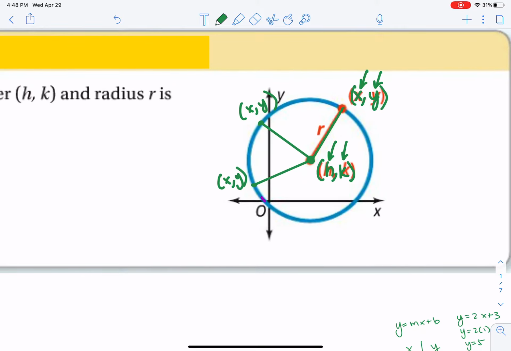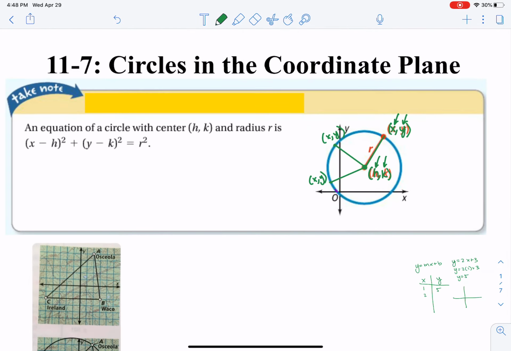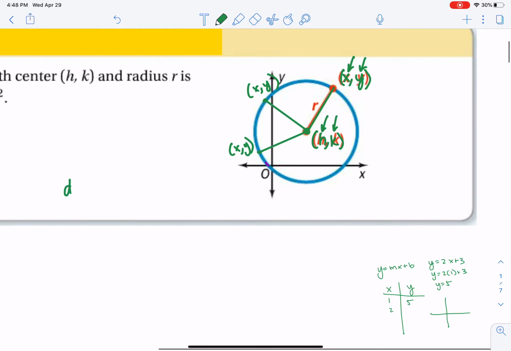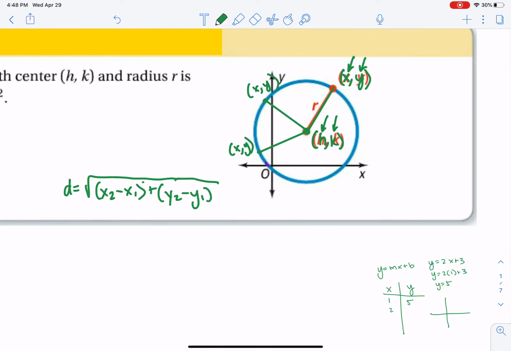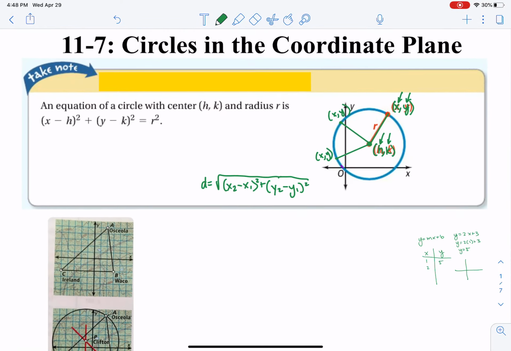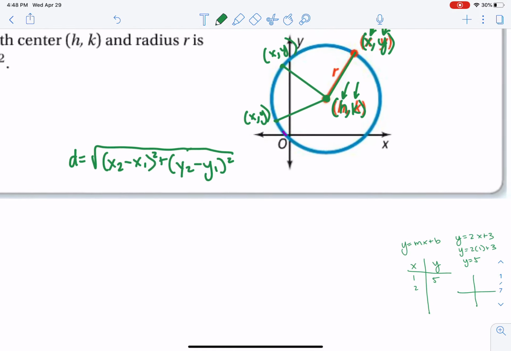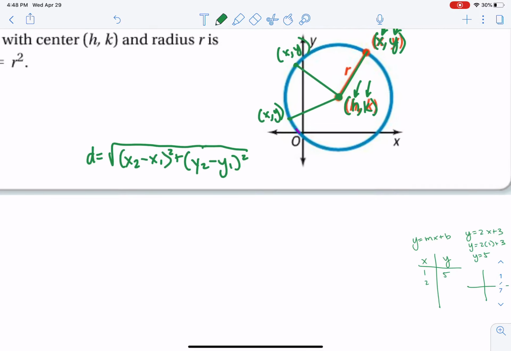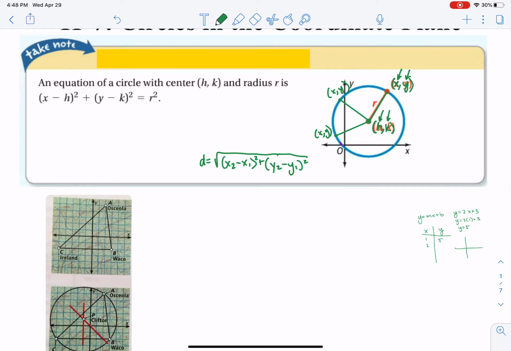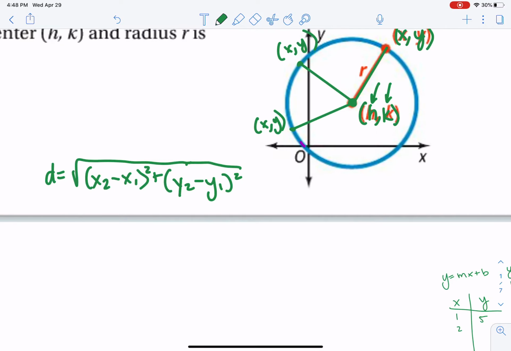If you remember from a long time ago, the distance formula is equal to the square root of x2 minus x1 plus y2 minus y1, and these are both squared. The distance is from one point to the other.